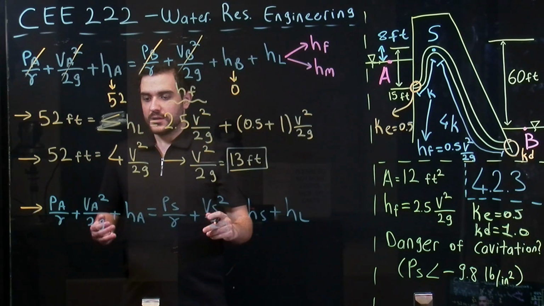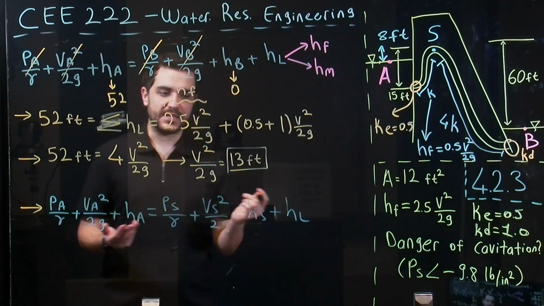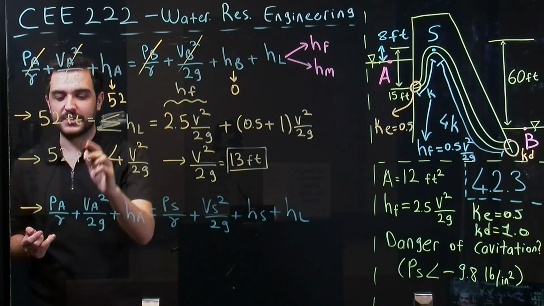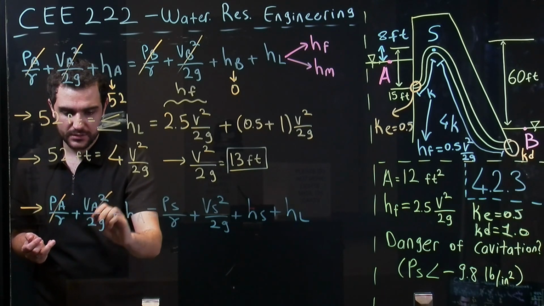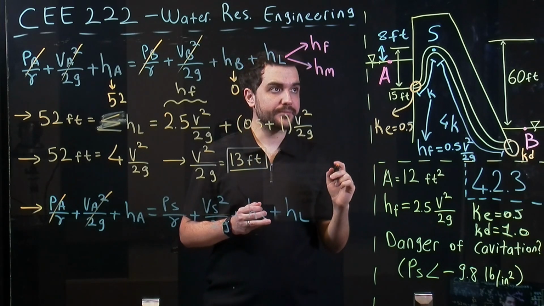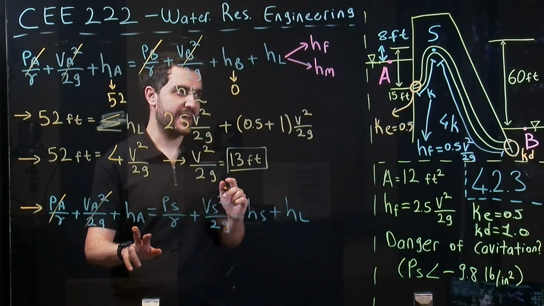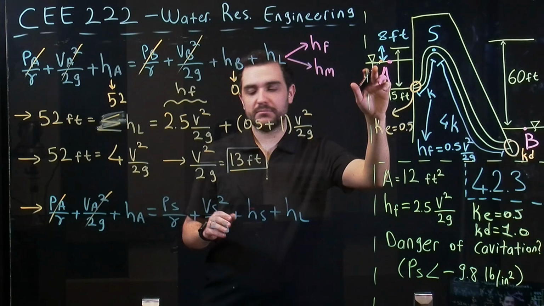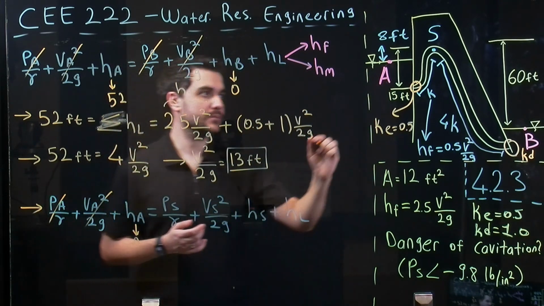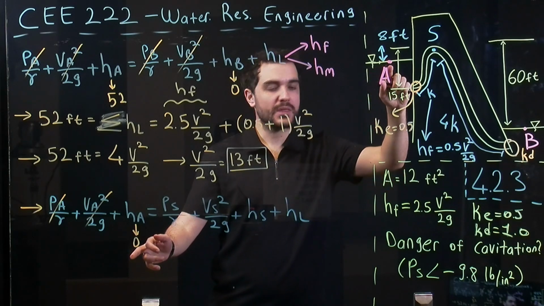So now we can simplify the same things here. The pressure and the velocity will be 0 again, because we are still talking about the point A here. And we have HA, this time we can take this as reference, so it will be 0.